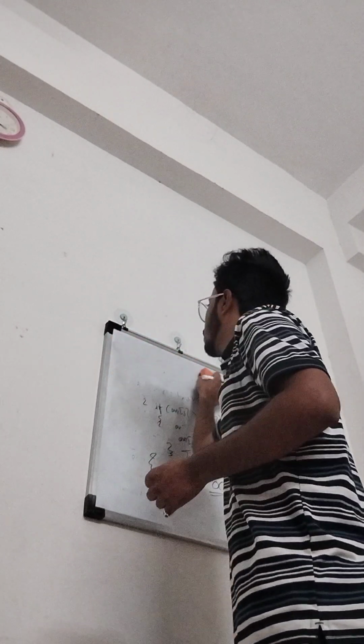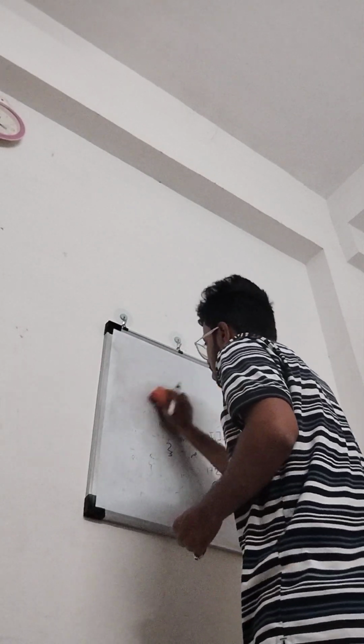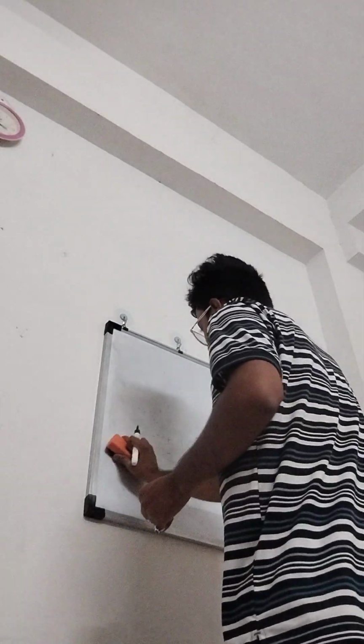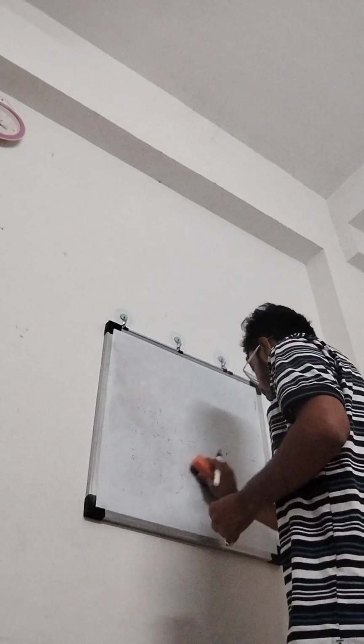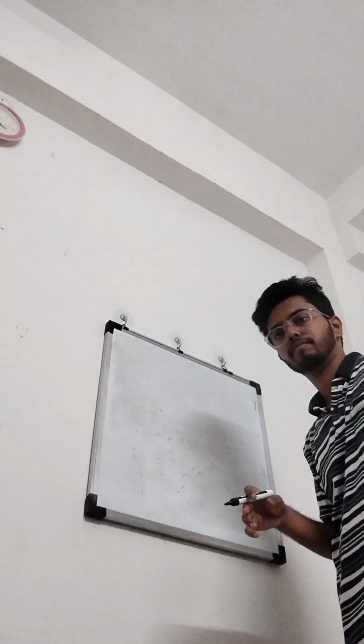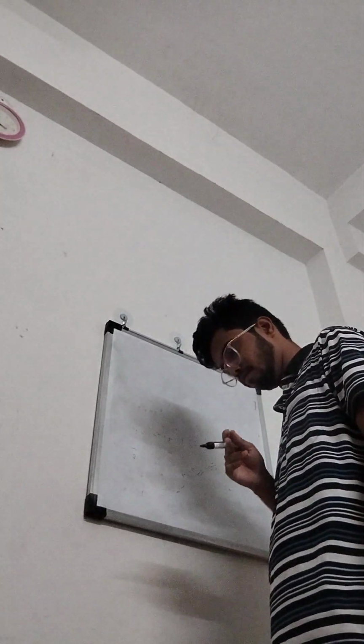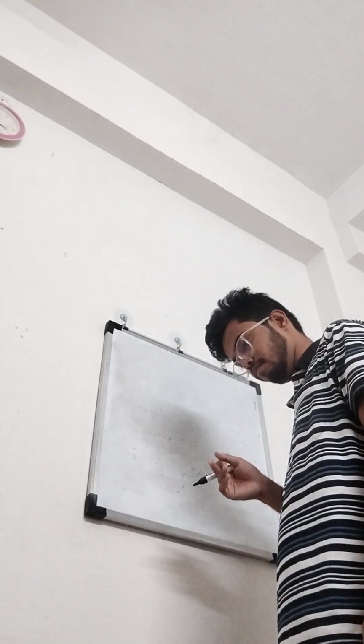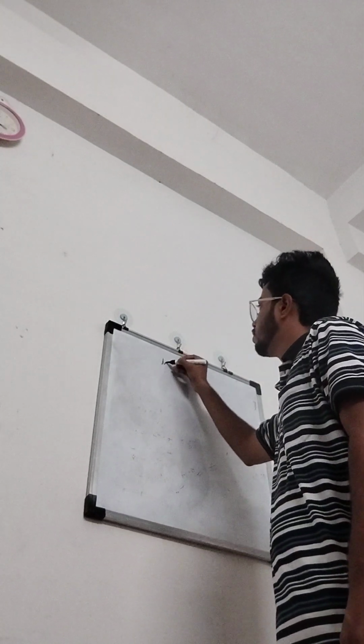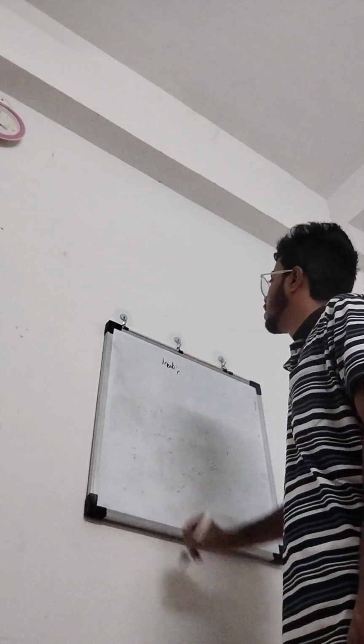Now let us think about the best case time complexity, right? When your array is already sorted. Okay, so look, what we'll do in this code is, we will have to use the break statement, right?